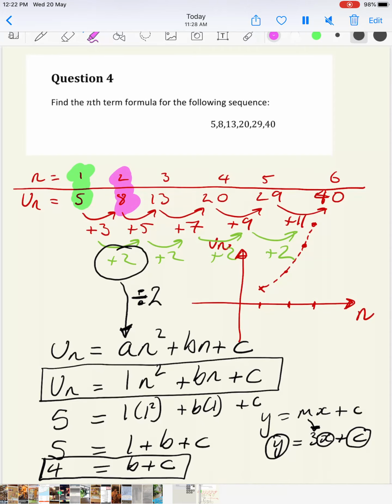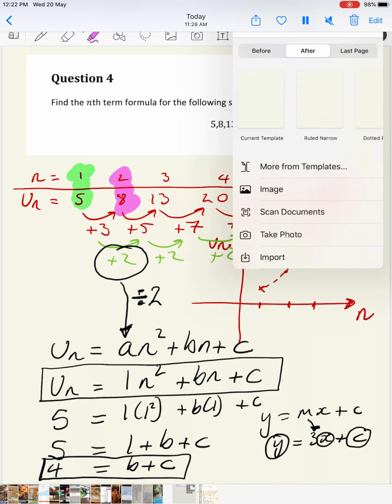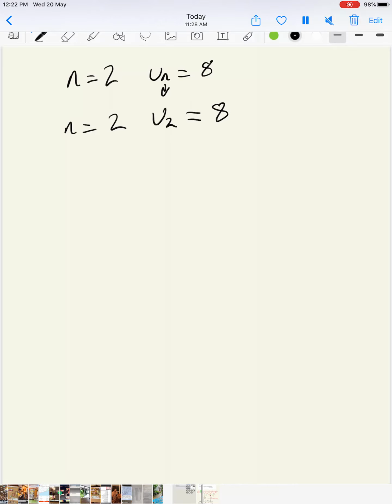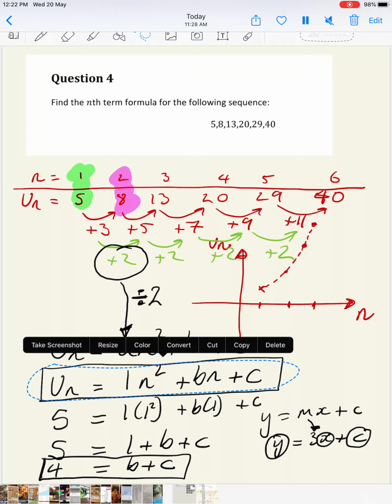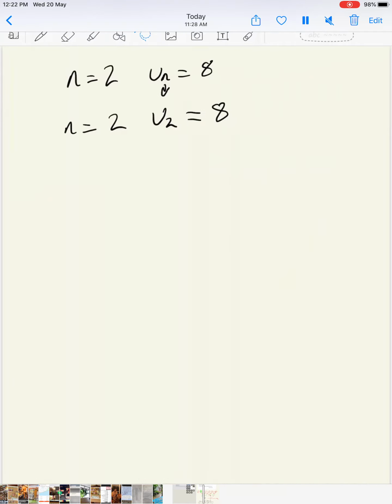We're going to take n is 2 and u of n is 8, and we're going to use the same model again. Okay, so just get a new page here. So n is 2 and u of n is 8, but of course n is 2, so what we're saying is the position is 2 and the second term in the sequence is 8. So n is 2, u of 2 is 8. Let's just copy across this formula from before, this model.